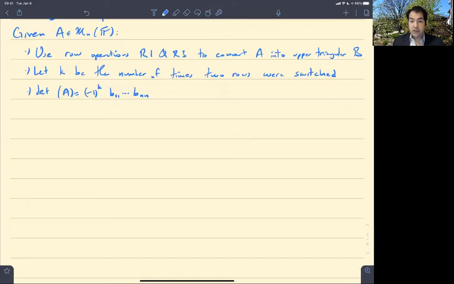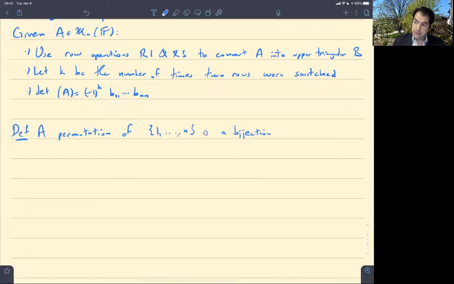We did something very similar to what we're going to do now. So let's start by defining permutations. A permutation of the set of numbers from 1 to n is a bijection of this set.